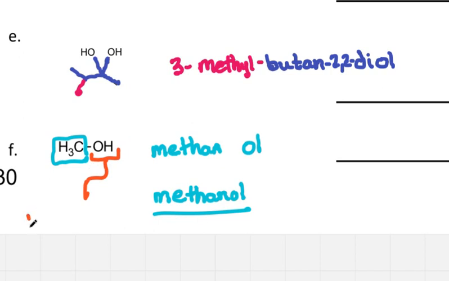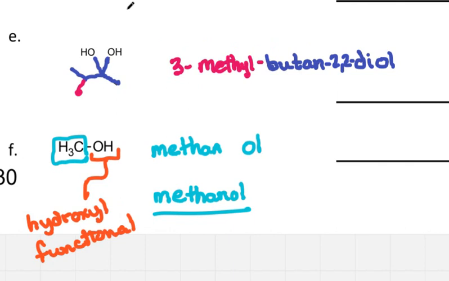So this is called a hydroxyl functional group. And hopefully, as you get used to looking at diagrams like this, details like an OH will start to jump out at you. They should. And we'll meet another functional group called the carboxyl group very soon. See you there.